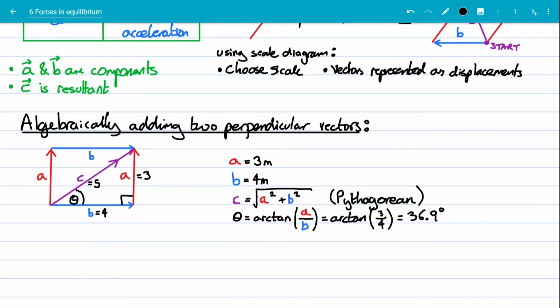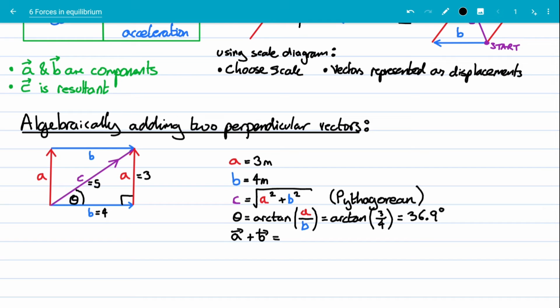So we've now expressed our vector A plus B. We could say that A plus B, and make sure it's clear it's a vector sum, is not going to be 7. 3 plus 4 is 7, but these are vectors.